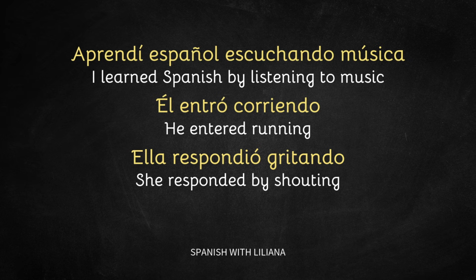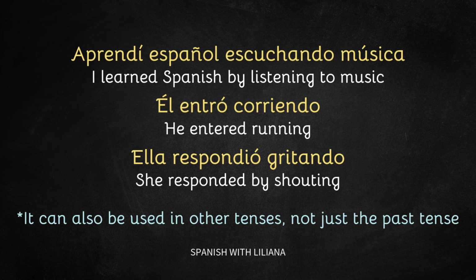So you can see here the main verb is in past tense. And then we see the Spanish gerund. They are describing the main action. It's harder to give you a structure for this situation. It is something that you're going to have to practice more and just pay attention to the past tenses.